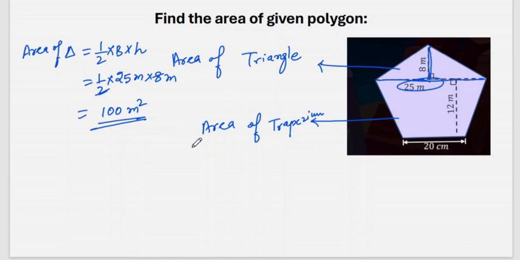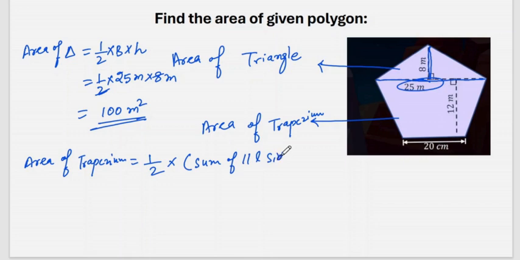Now we have to find the area of the trapezium also. So area of trapezium equal to half into sum of parallel sides, right, into distance between them, that is h. So it's half into, what is the sum of parallel sides? See, we have got the parallel sides of the trapezium as 25 meter and 20 meter.